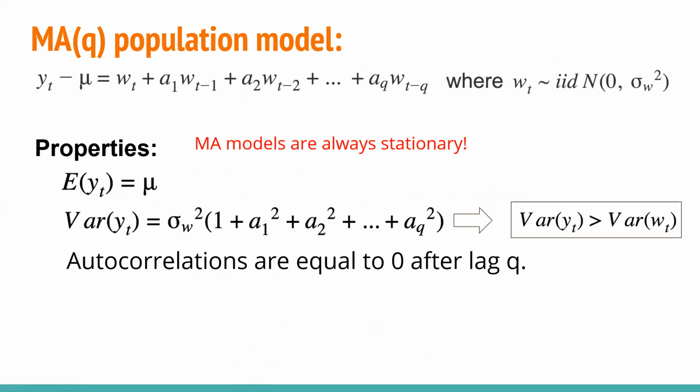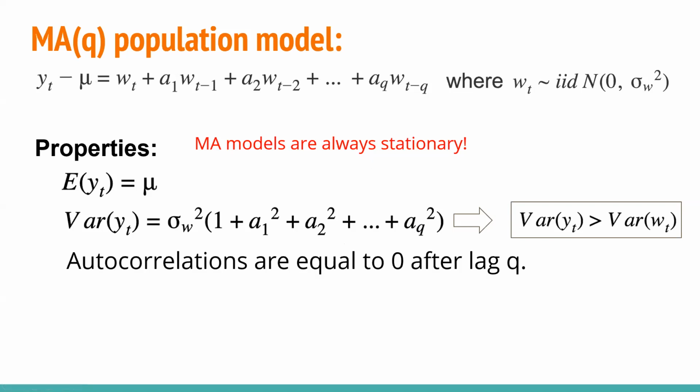The reason why they are always stationary, you're actually going to see that there is no way this is going to be undefined. If you look at what I have here, this is defined for all real numbers. Any real number that you put right here, negative or positive, because you got a square, it's going to be determinate. That is the reason why we said MA models are always stationary.